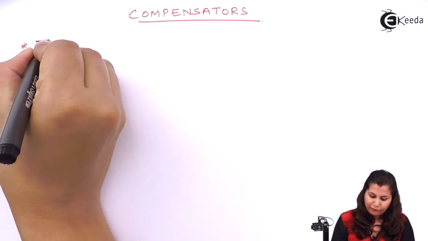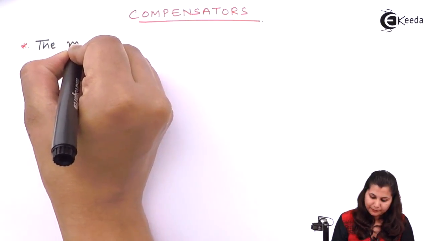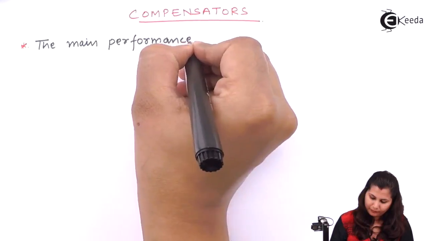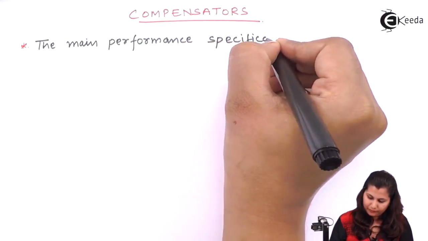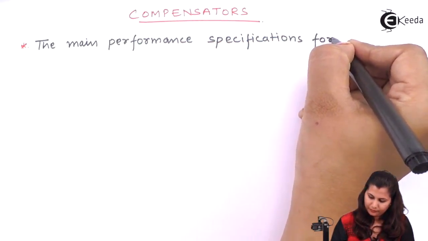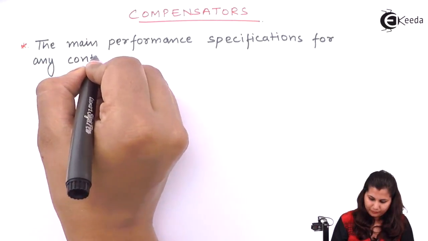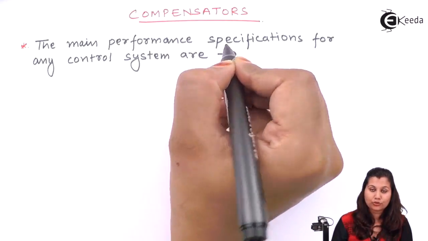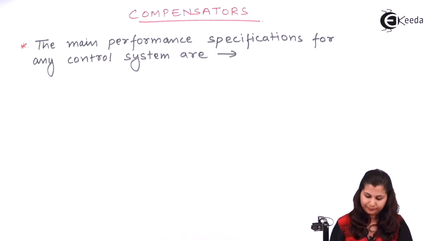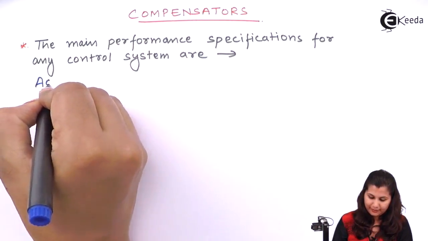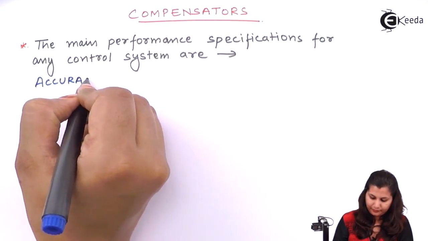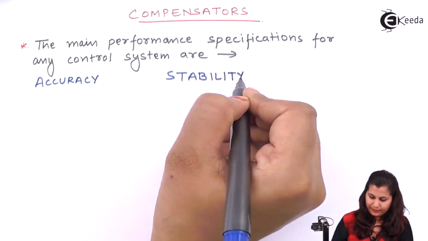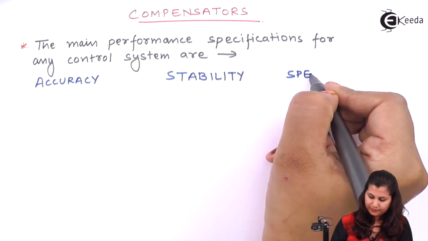So the main performance specifications for any control system are accuracy, stability and speed of response.